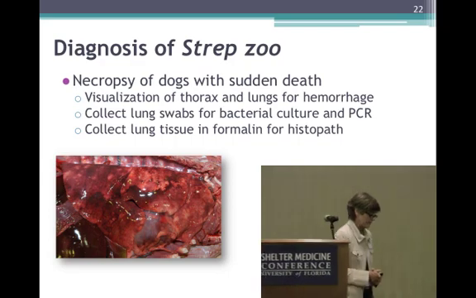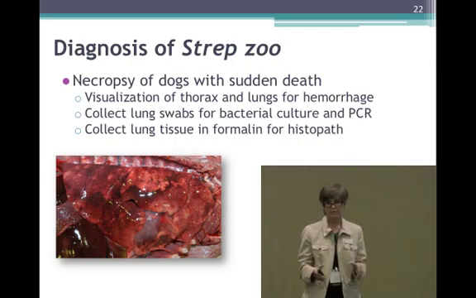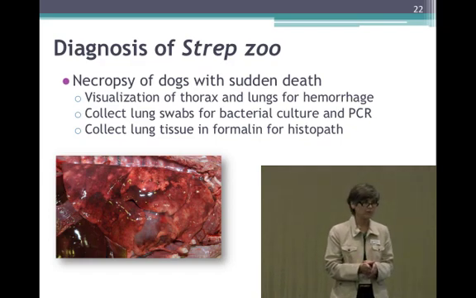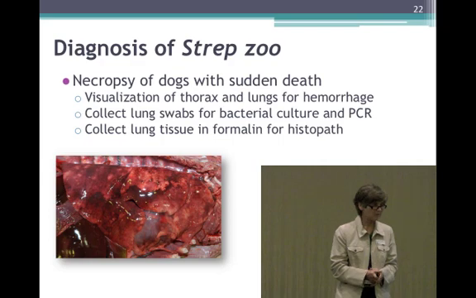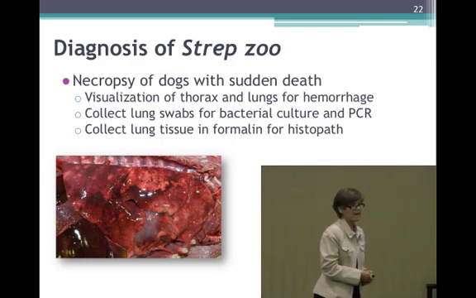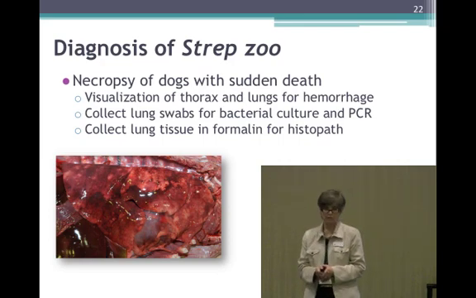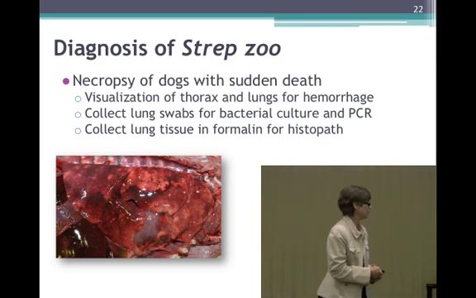And one last diagnostic technique that should be done for any dog that dies suddenly for unknown reason, but particularly if it's got blood coming from the mouth and nose, is to do a necropsy, or have someone do a necropsy for you, so that you can look, or someone can look, inside the chest cavity for lungs that look like they're full of blood.